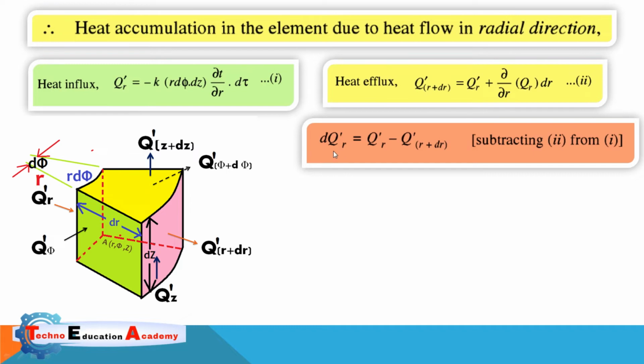So dQ'r equals Q'r minus Q'r+dr. Now we put in the values of Q'r and Q'r+dr. You can see that the Q'r term is common, so Q'r and Q'r cancel out. The remaining term is del by del r of Q'r into dr.